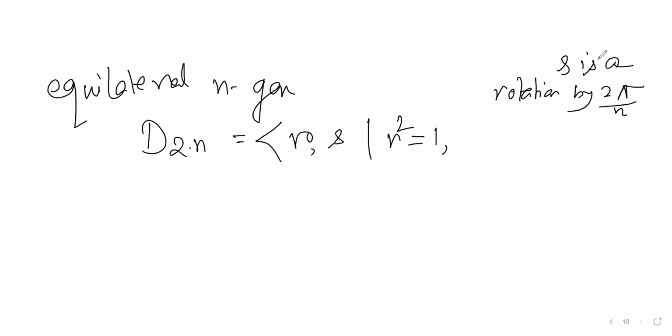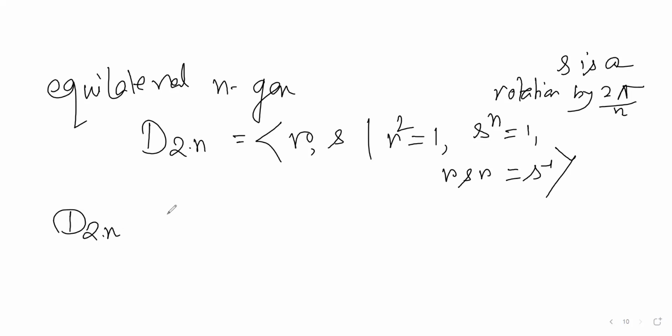Then what is the order of S? If I compose S with S n times, then I get identity, right? So S to the power n is my identity, and they also satisfy the same condition, RSR equals to S inverse. And this set forms a group with respect to the composition.